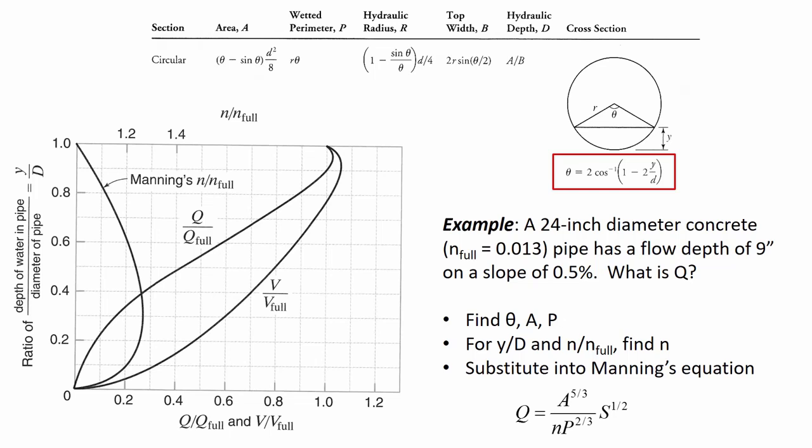That's clearly 1.28. Very clearly 1.28. So what that means is that the n value should be 1.28 times n full. So what we substitute into Manning's equation is going to be 0.013 times 1.28, or whatever you read that to be. So it'll be straight up from here.